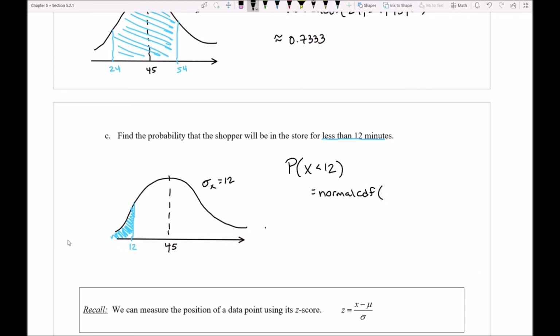What's the low side? And that's kind of weird. There really isn't a low side because this thing can be shaded down forever towards the left. So instead of using something like negative infinity, we'll go ahead and use negative 1E99. That way it can stand for a very large but negative number. Well, now I'll go ahead and just say that I stop at 12, put in my mean and my standard deviation, and I'm good to go.